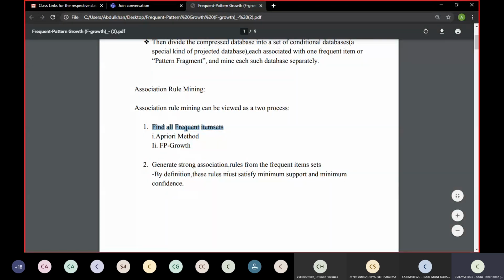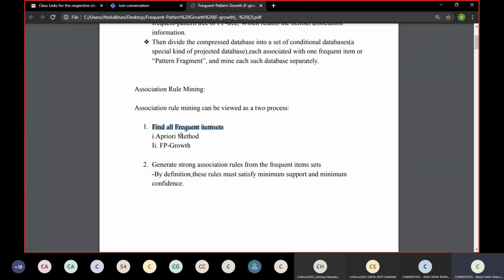For finding frequent items, we can use the Apriori method or the FP-Growth algorithm. The disadvantage of the Apriori method is that if there are many items in the data set, then it is very difficult to find all the frequent item sets using the Apriori method. But the FP-Growth algorithm is used to find the frequent items in the data set.